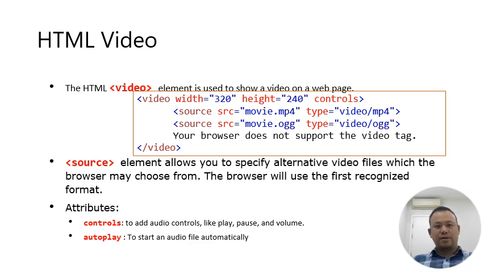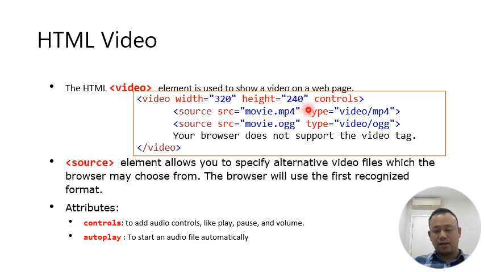Embedding a video in HTML can be done using a video element. The video tag is used to embed a video into a web page, and width and height, the two attributes, define the dimensions of the video player.